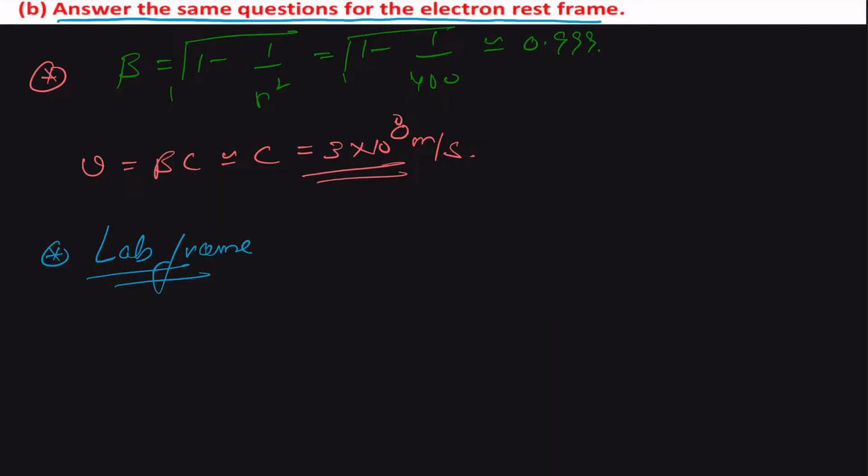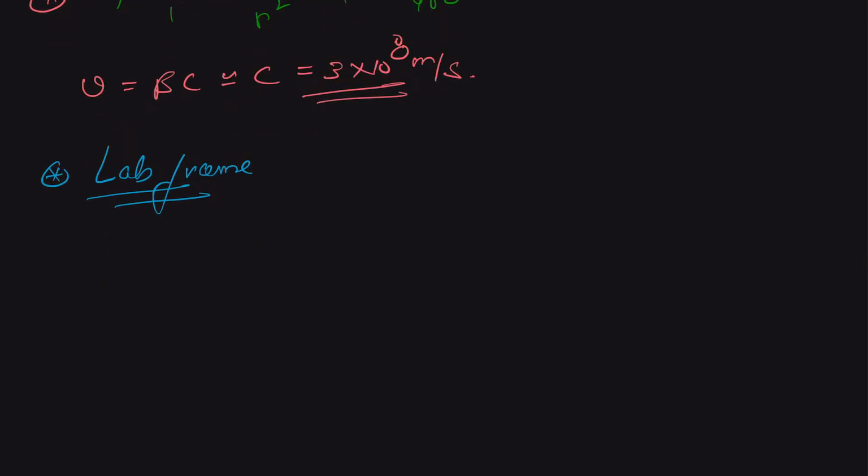For that, we first need to find the current relation, the density, and then the number of electrons per meter. Let me write the average spacing, which is our final requirement.